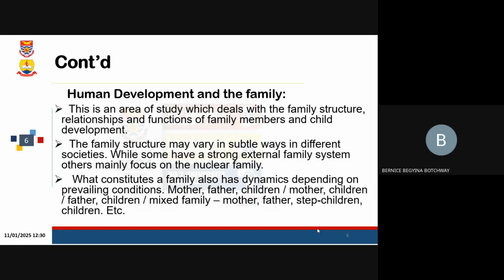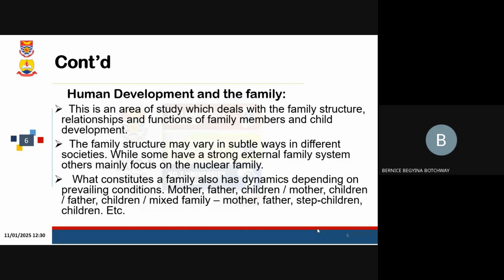This is an area of study which deals with the family as a structure. If we are learning human development and the family under management and living, you learn about the family as a structure. You learn the definition of what a family is, the types of family that we have, and the structure of the family across various societies. Depending on where you are, if you're in Ghana, you learn about the structure of the family in Ghana. Those in Nigeria will also learn that, and those in Cameroon, each country will learn that.